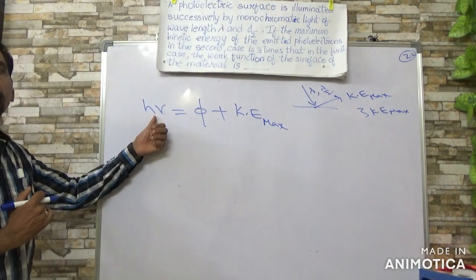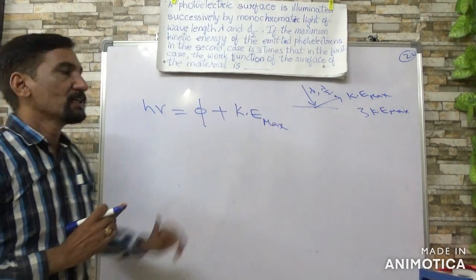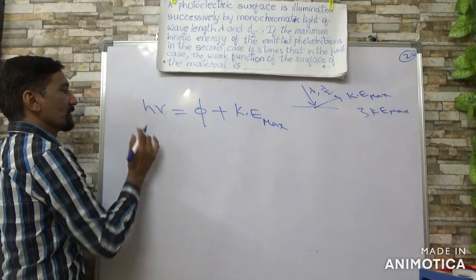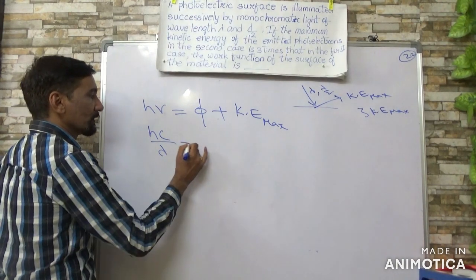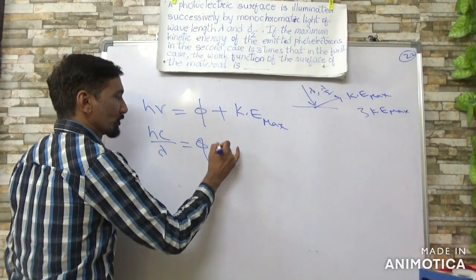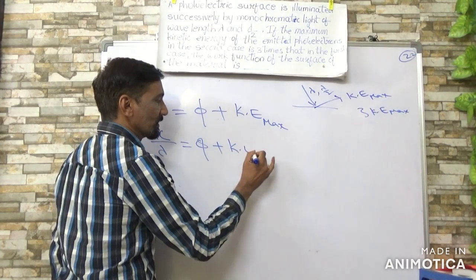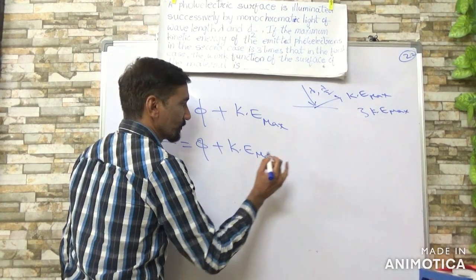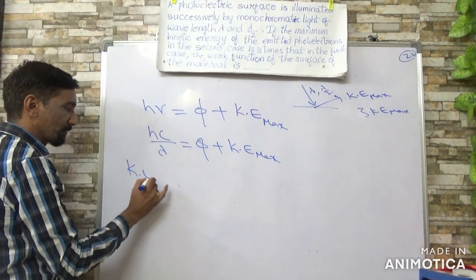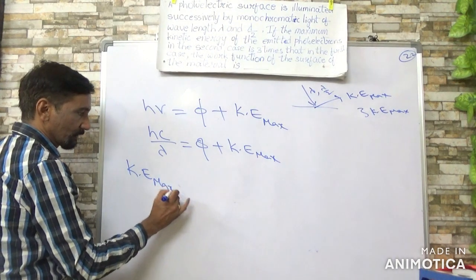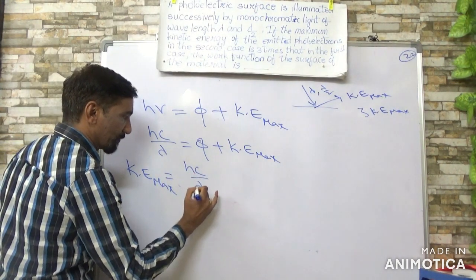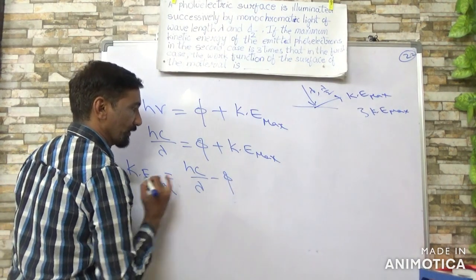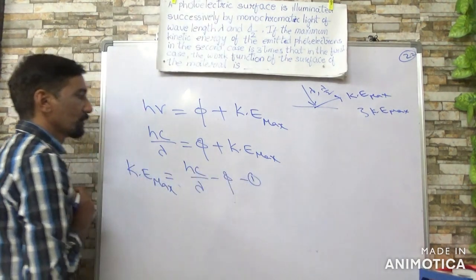Here, instead of frequency, you have been given wavelength, so it must be converted: hc by lambda is equal to work function plus KE maximum. Therefore, kinetic maximum in this case becomes hc by lambda minus work function, say equation 1.